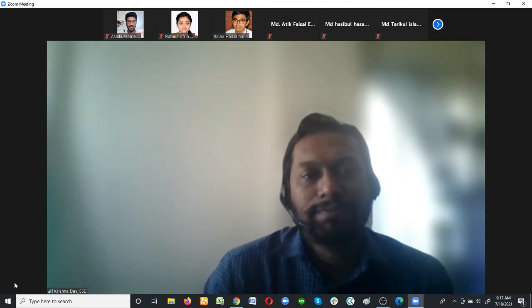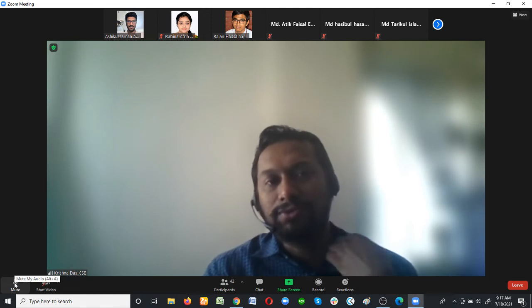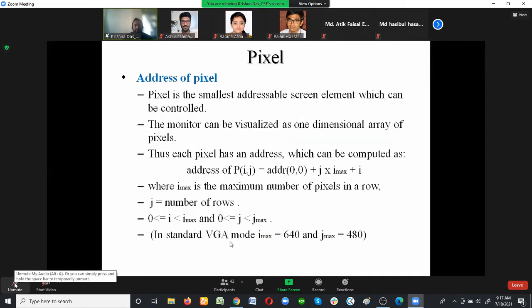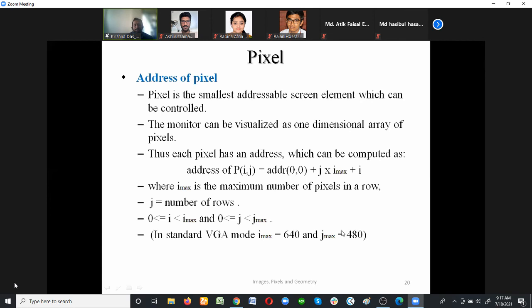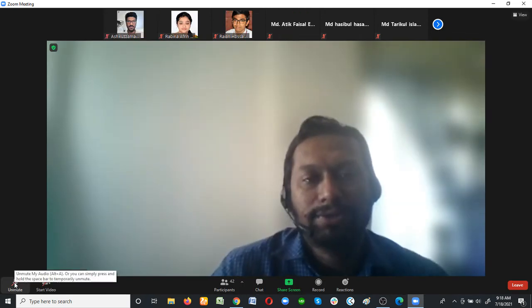Do it on the 15 and 12, then actually find out, because that is the way you need to do it. As you can see, you have to put that in the formula, you get the value, then just draw quickly with that 15 and 12, and then show where your address is, the way we have shown here.